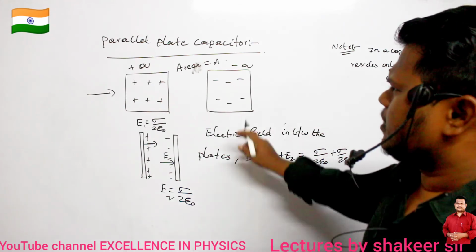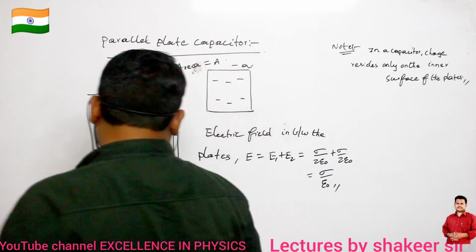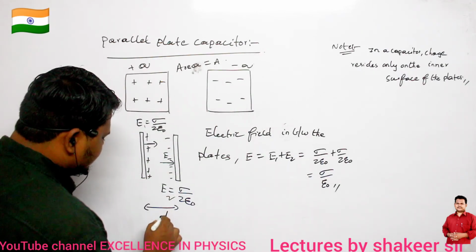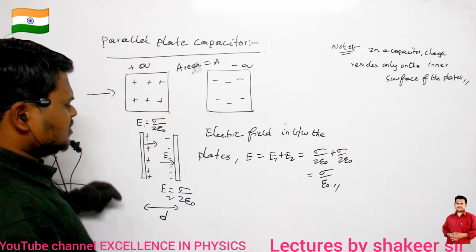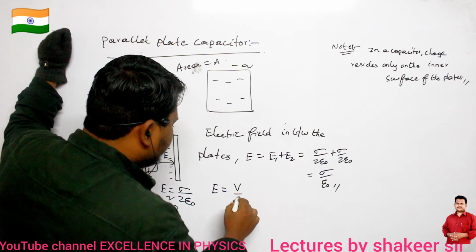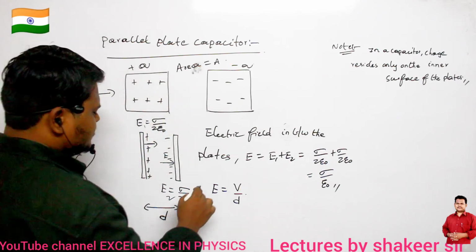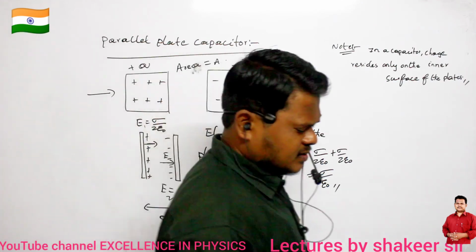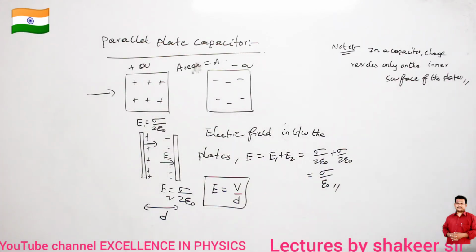Now the area of the plates we have already calculated. Similarly, let the distance between the plates be D. Therefore, can I write the relation E equals V divided by D? Already we have studied that electric potential divided by distance between two plates is nothing but electric field.